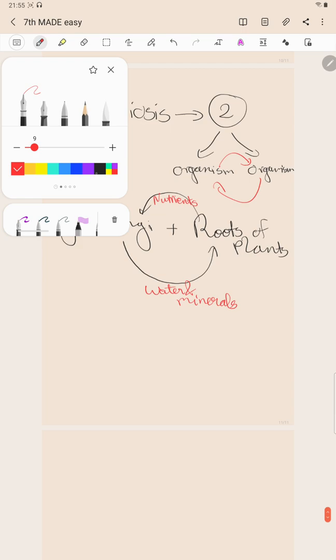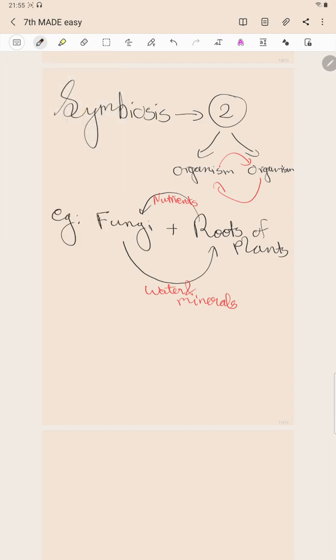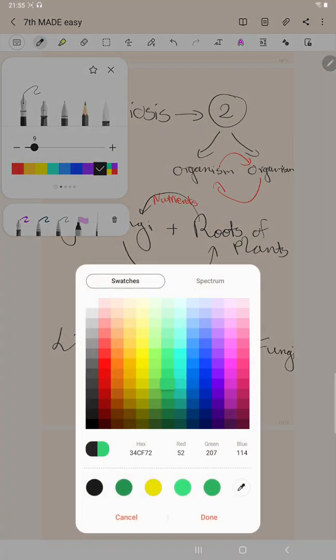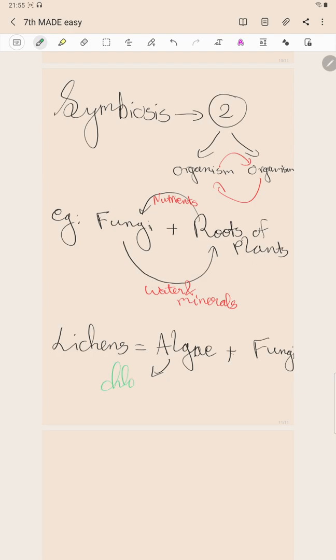Now another very important example of symbiosis is lichens. Lichens are a symbiotic relationship between algae and fungi, and it's pretty easy. Algae contain a very important structure known as chlorophyll.